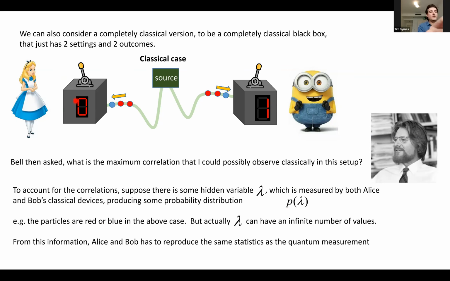So that would be a probability distribution with a binary variable. This lambda would be two values, 0 or 1, where 0 means red and 1 means blue. But we could have a much more complicated model than that.